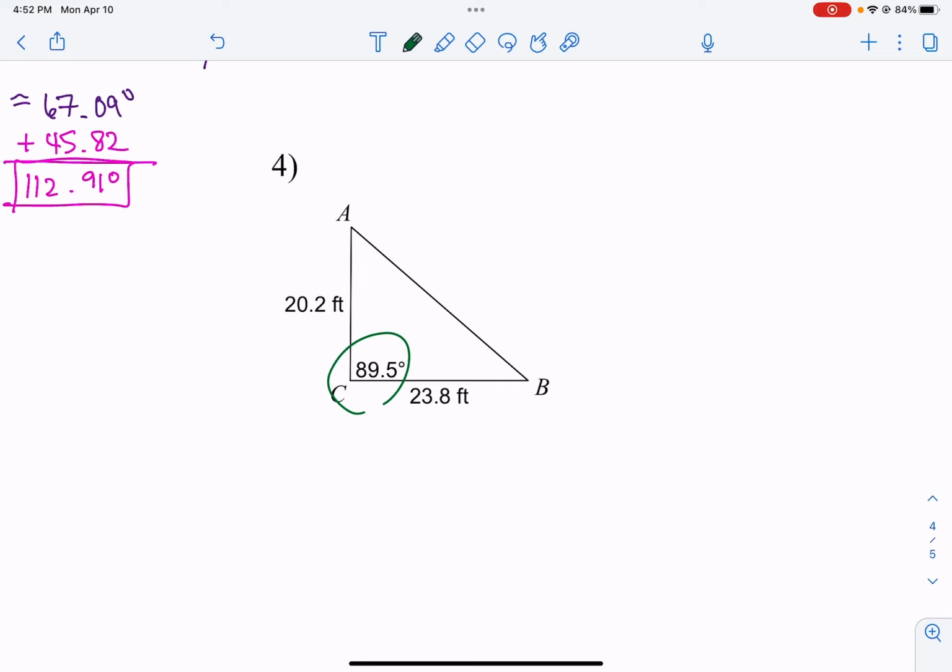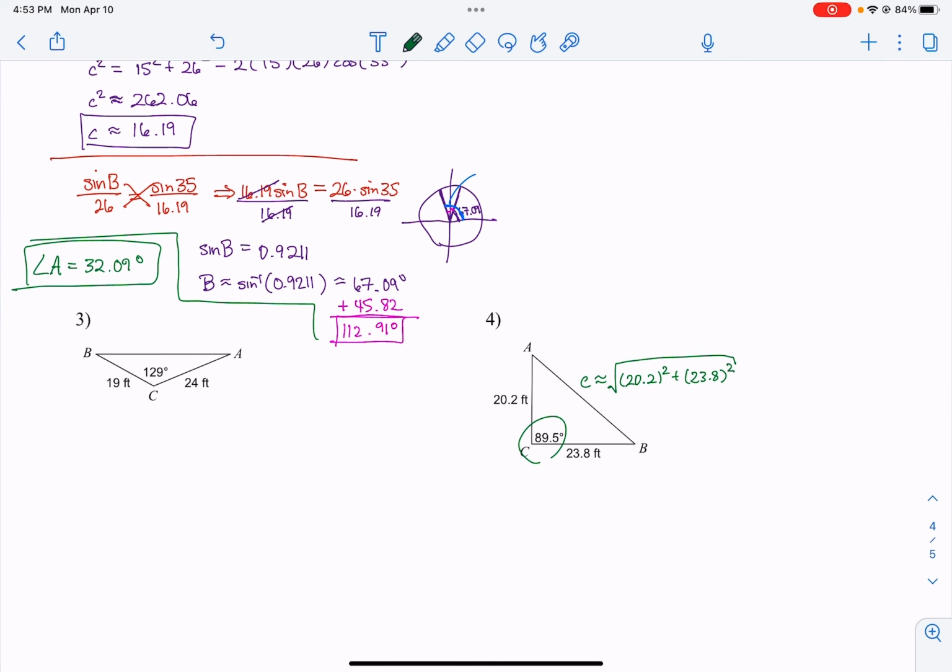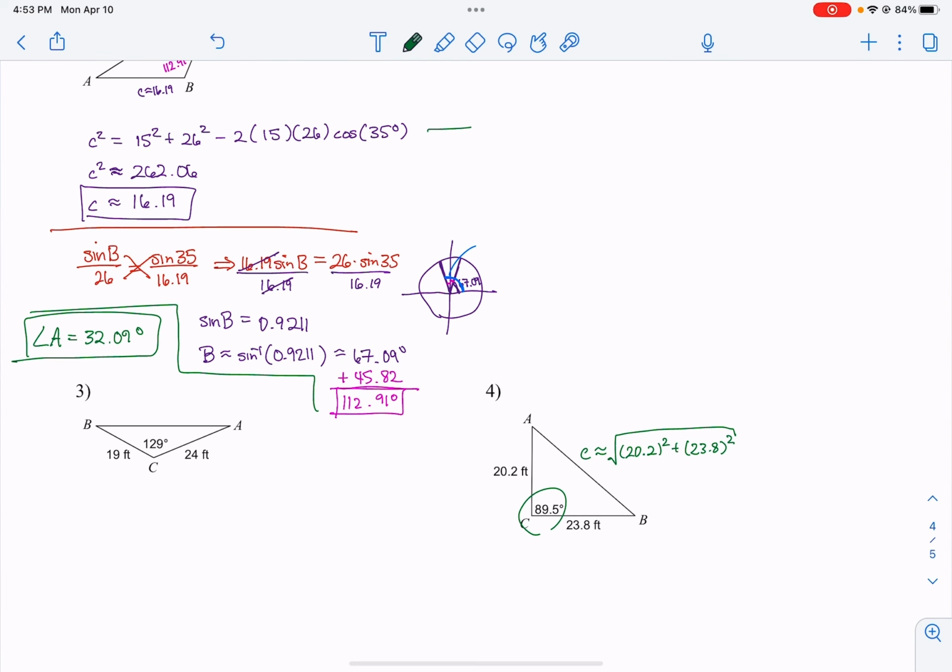So what you should expect for little c is that it should be very close to the square root of 20.2 squared plus 23.8 squared. The closer that angle is to 90 degrees, the more the law of cosines essentially turns into the Pythagorean theorem.